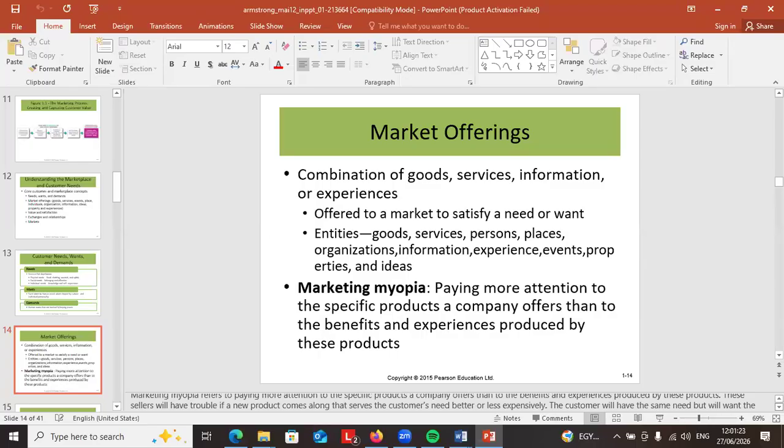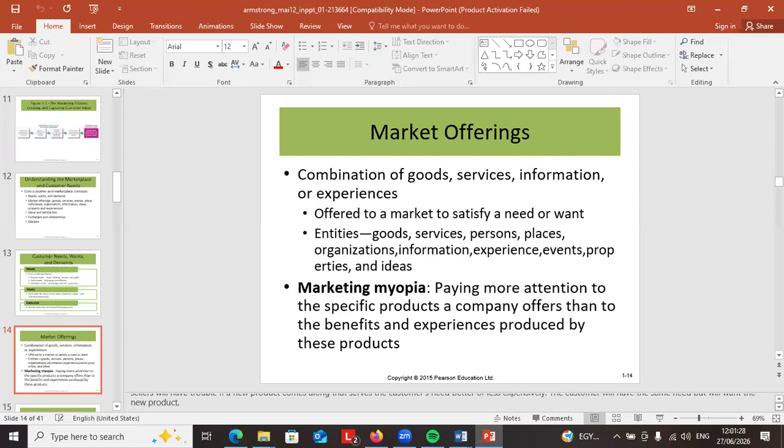And so the customer will have the same need, but will want the new product because the focus is not really on the outer frame of the product, but the satisfaction and experience that the customer expects to go through.